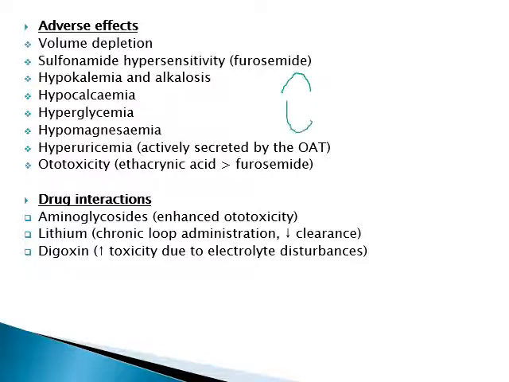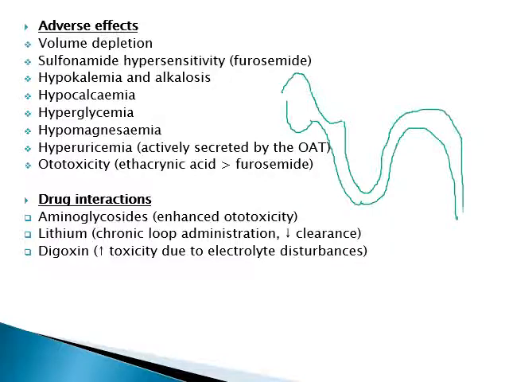If we draw this rough diagram of glomerulus, suppose this is loop of Henle. Here aldosterone will be acting. So any diuretic that is blocking the transporters proximal to the action of aldosterone will cause increased action of aldosterone.